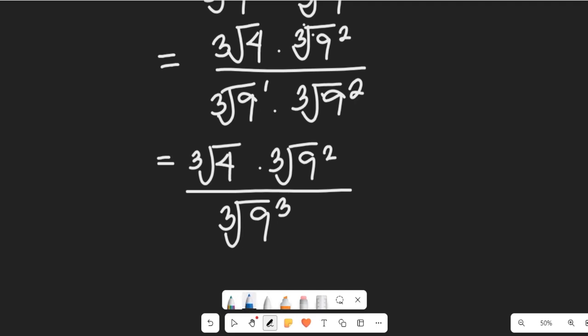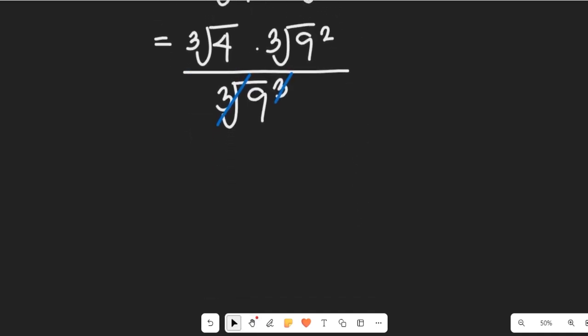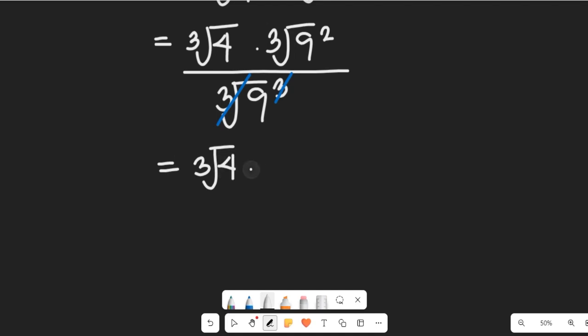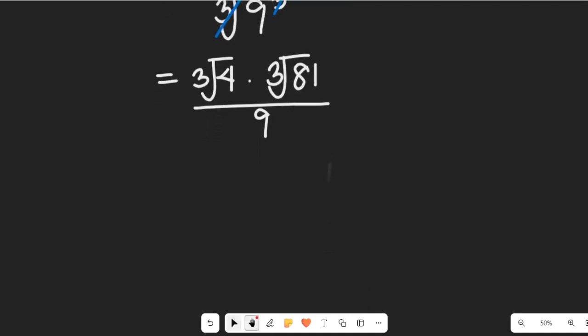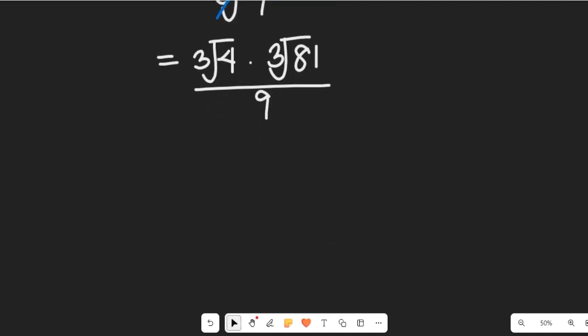Now, without much looking at this, we find out that the cube root will cancel out the cube, right? And that expression will now equal the numerator, the cube root of 4 multiplying the cube root of 9 squared, which is 81, right? Divided by 9.